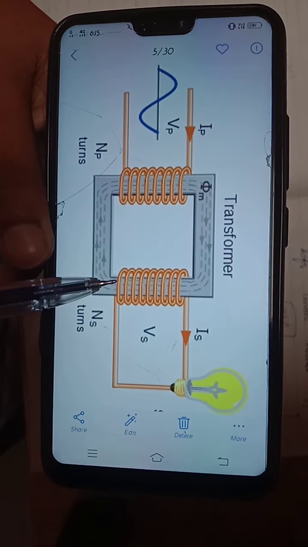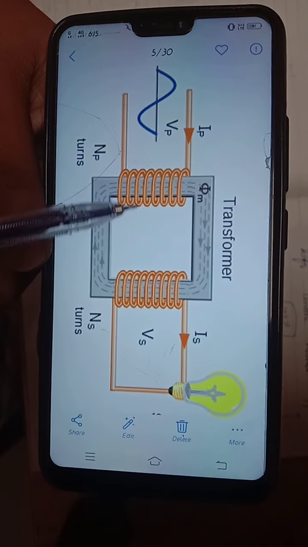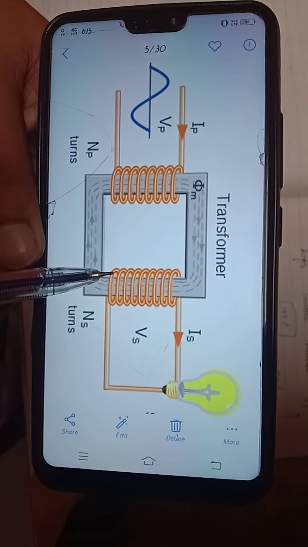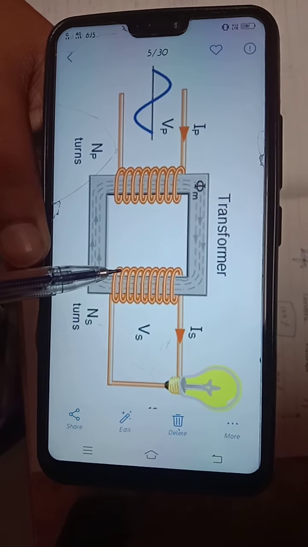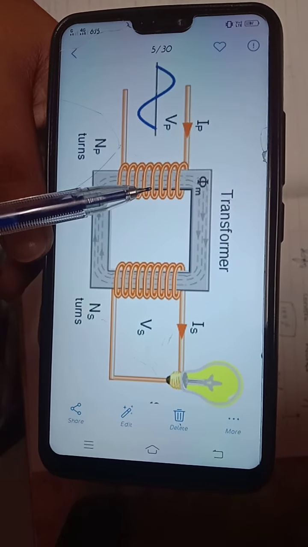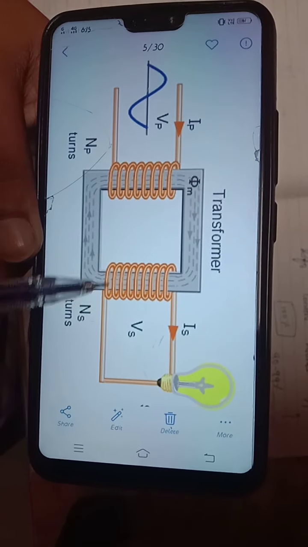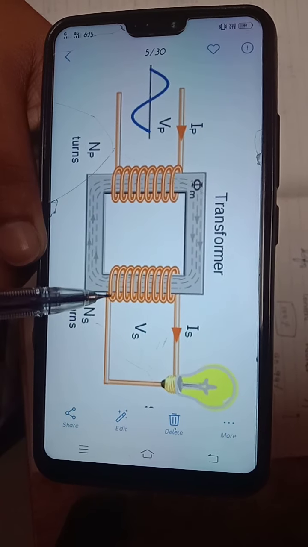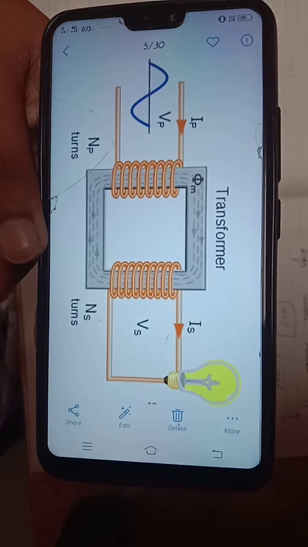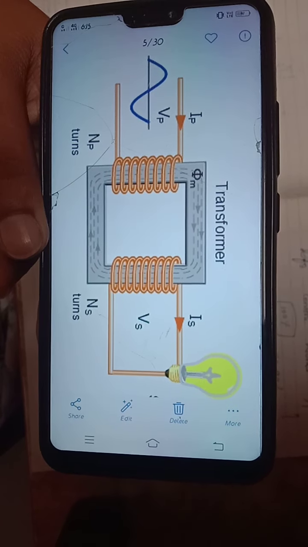As you know, these primary and secondary coils of the transformer are made up of copper wires. And these copper wires have resistance.